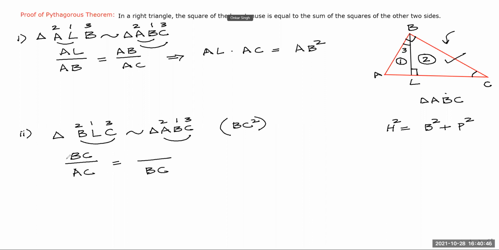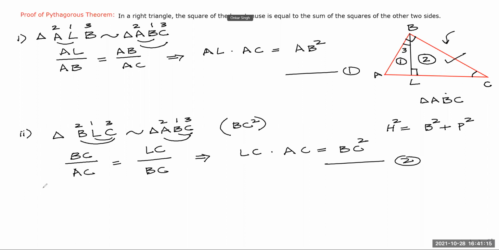Then only it will become BC square. If I get BC here, what should you get here? LC. So from here you get LC into AC is equal to BC square. This is one equation; let us say this is the second equation.